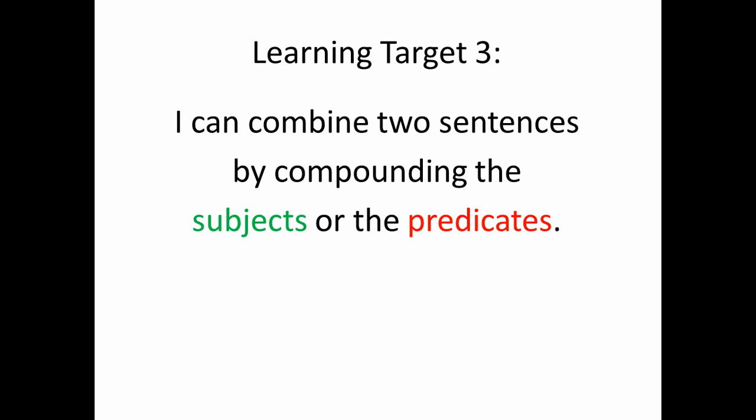Basically what this means is today you're going to look at two different sentences and identify if the subjects are the same or the predicates are the same, and combine those two sentences to create one. The word compounding just means combining.